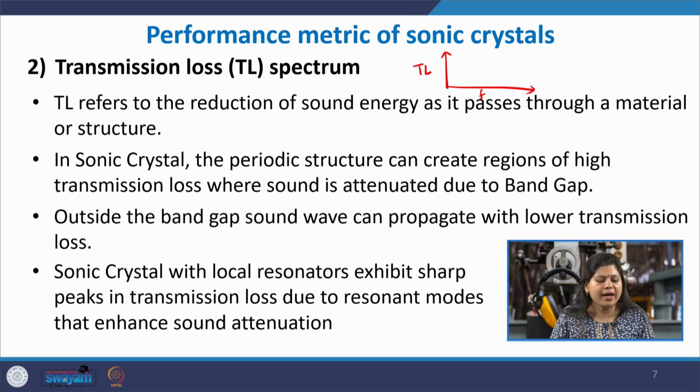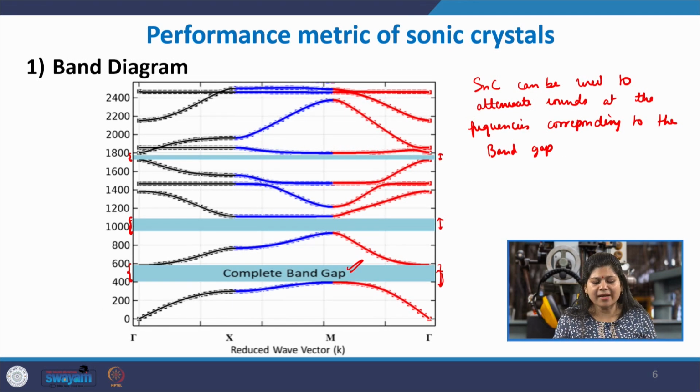Now, if you know this is the band diagram, you would be able to guess that the range of frequencies over which you obtain a band gap are the frequencies where sound waves are not able to pass through. That is where there should be a sharp peak in the transmission loss, because there is very poor transmission at those frequencies.